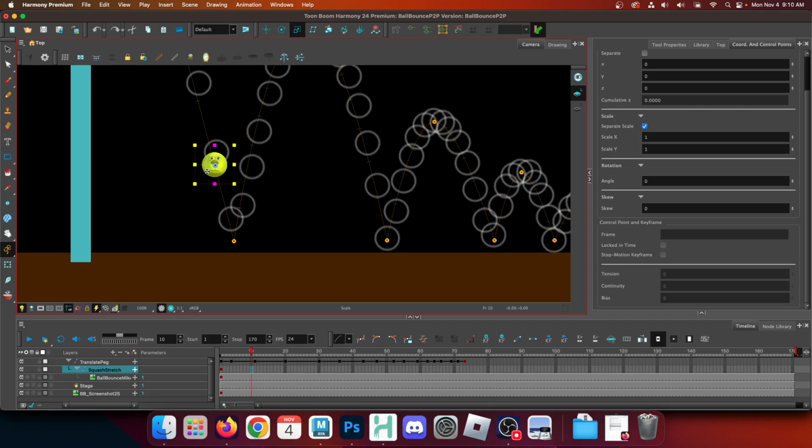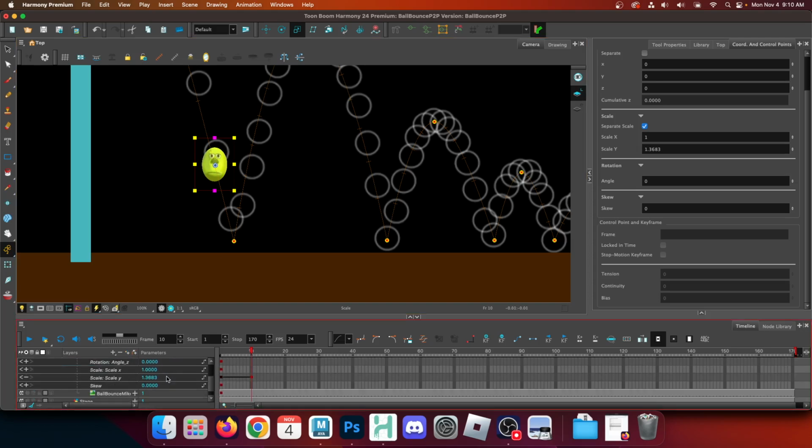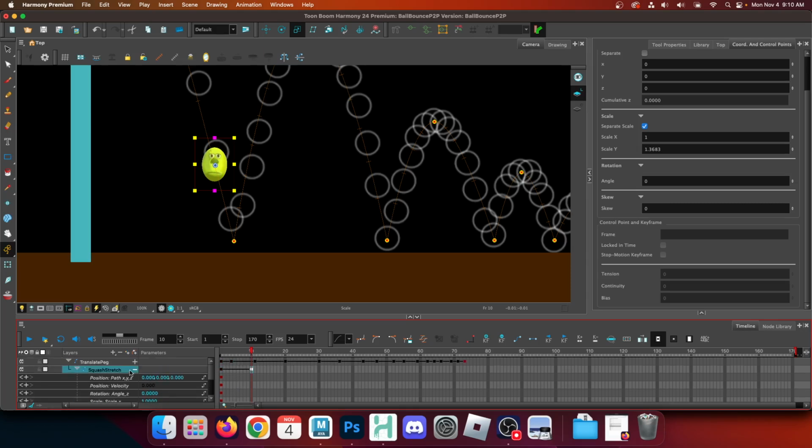So what actually needs to happen before we squash it, so I undid that, is the frame before it hits the ground would be when it is at its most accelerated, and therefore when it is at its most stretched. So in order to do so, I'll use my scale tool, and I'm going to scale this out from the center. For this step, we're going to kind of make him scoot on his butt, which you'll see in a second what I mean by that. For right now, I stretch the ball out, and here's where your math skills come into play.